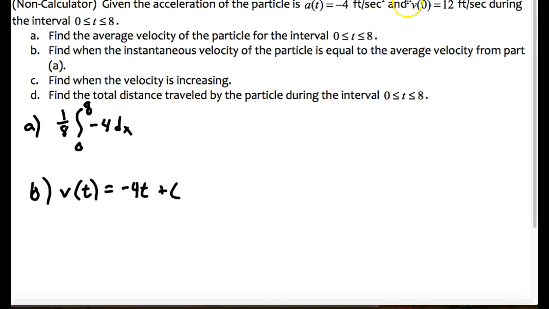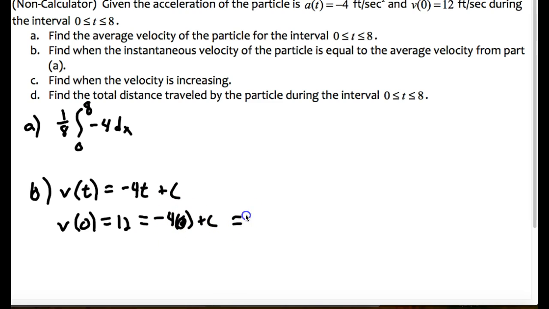So I can say I know that v of 0 equals 12, but that would also be -4 times 0 plus c, which -4 times 0 is obviously 0.